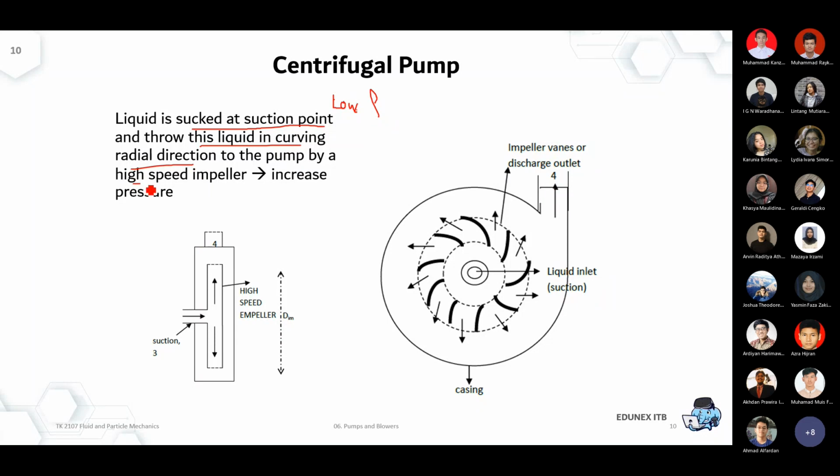Okay, and the impeller will rotate all the time. Okay, so that's our impeller, and I think from the picture it will rotate counterclockwise.